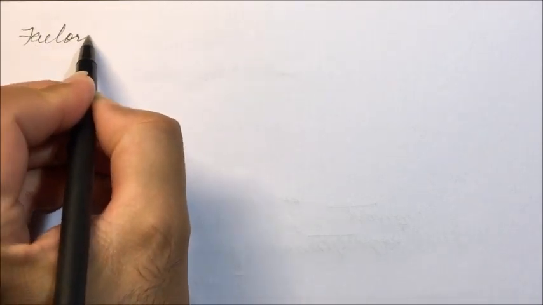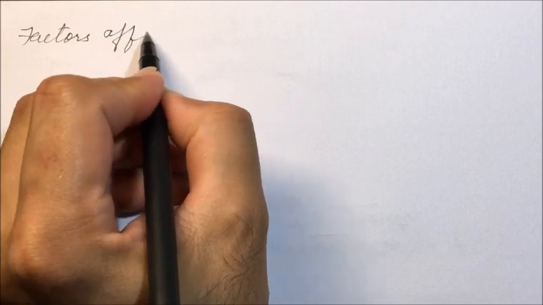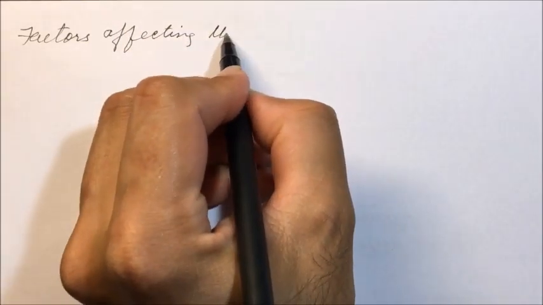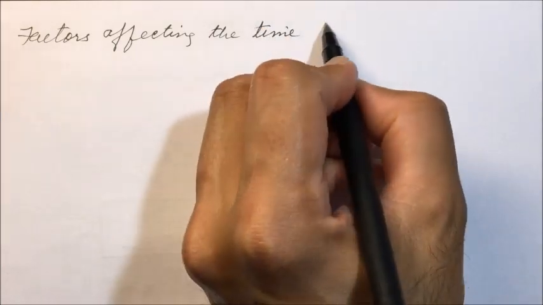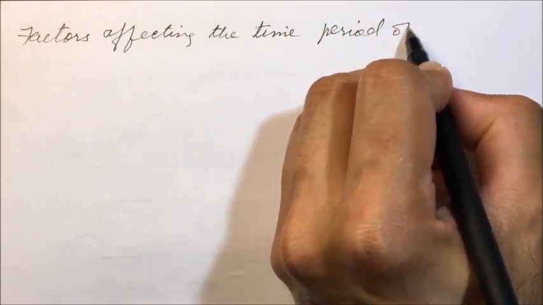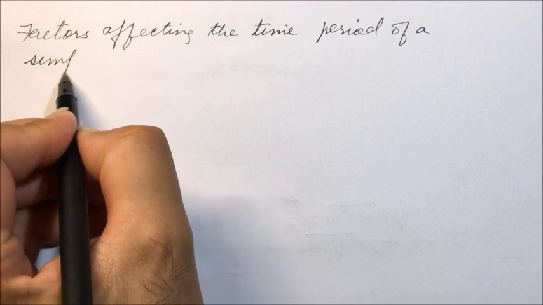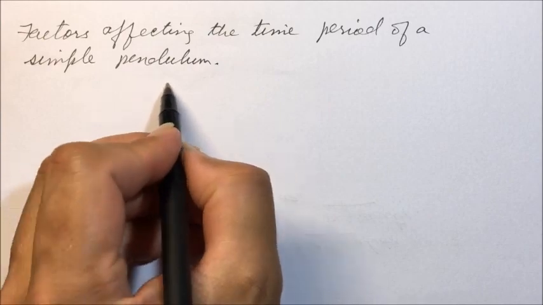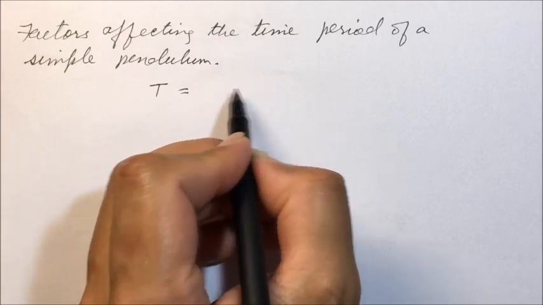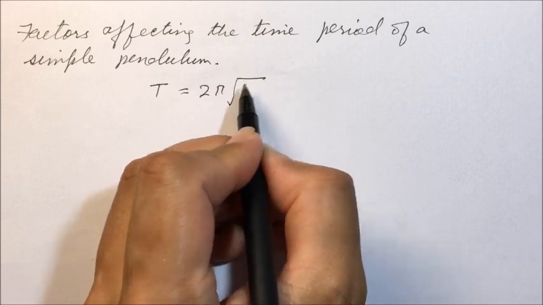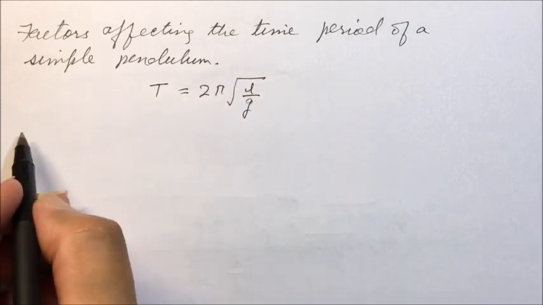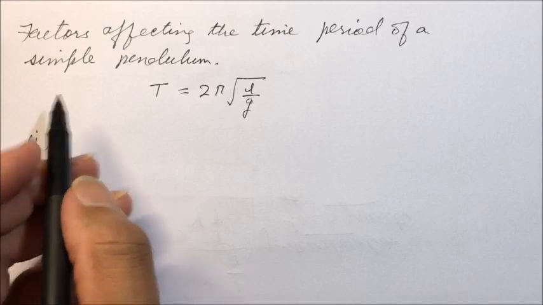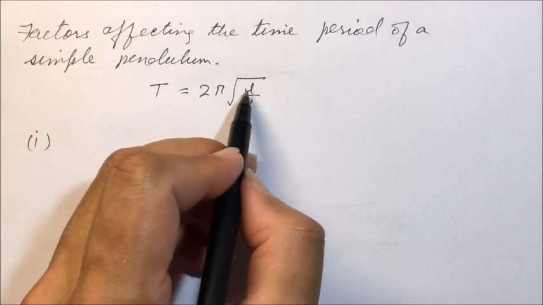Now we'll be discussing factors affecting the time period of a simple pendulum. The equation we have already seen: T equals 2 pi root of L by g. First, let's see how the time period varies with a change in the effective length.